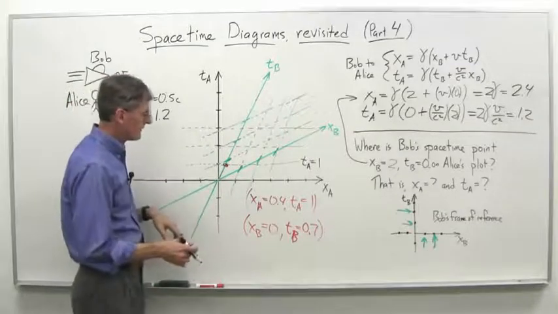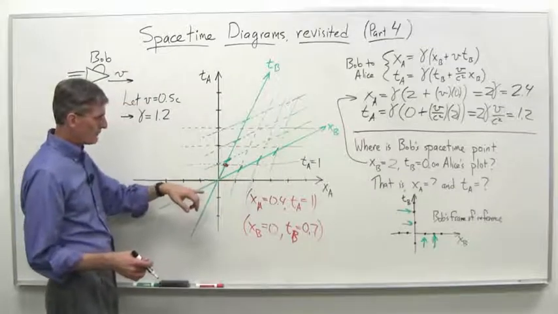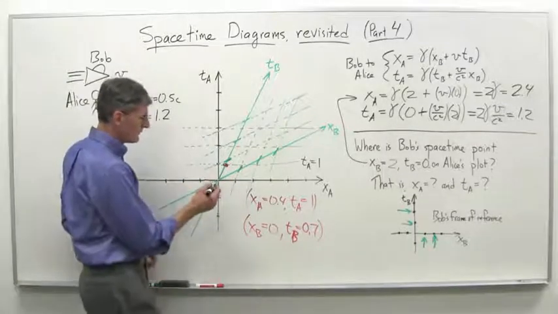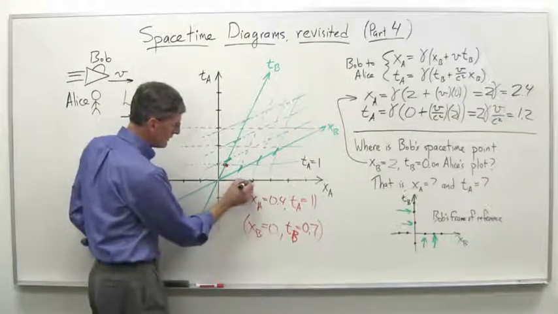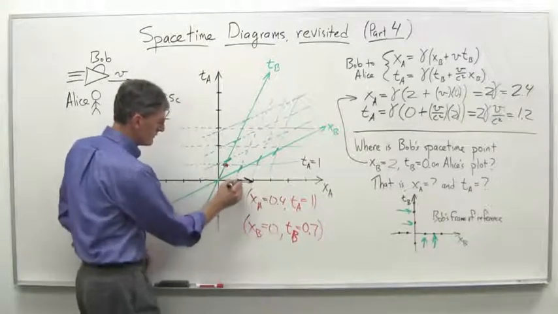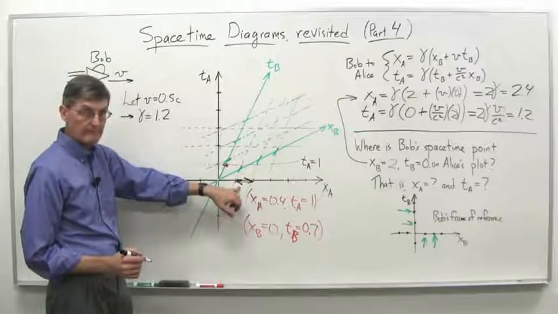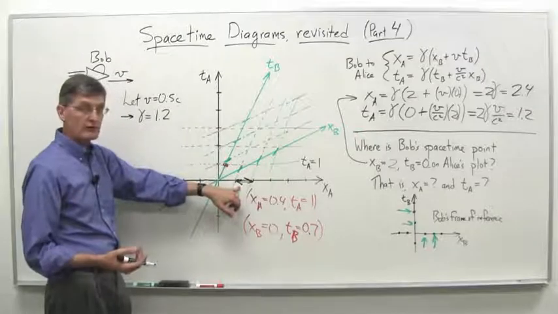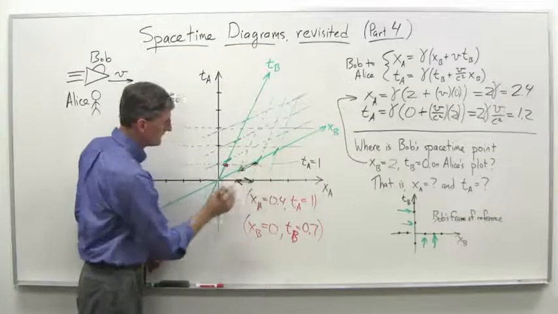So let's look at this and see that, well, what is length here? Let's say just this distance here, right there, is a standard length of 1 to Alice, right? Okay. A standard length of 1 to Bob is this vertical line here on this plot.